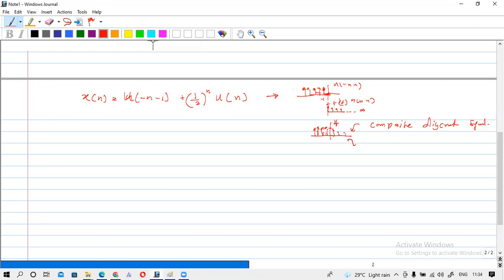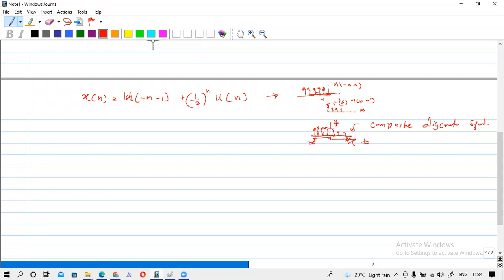To find the Z transform of this function you can do it, but mathematically it is somewhat difficult, because here it is going from minus infinity to plus infinity, and there are actually two different functions. This side and this side are different, so it is hard to find the power series expansion, the Taylor series expansion.